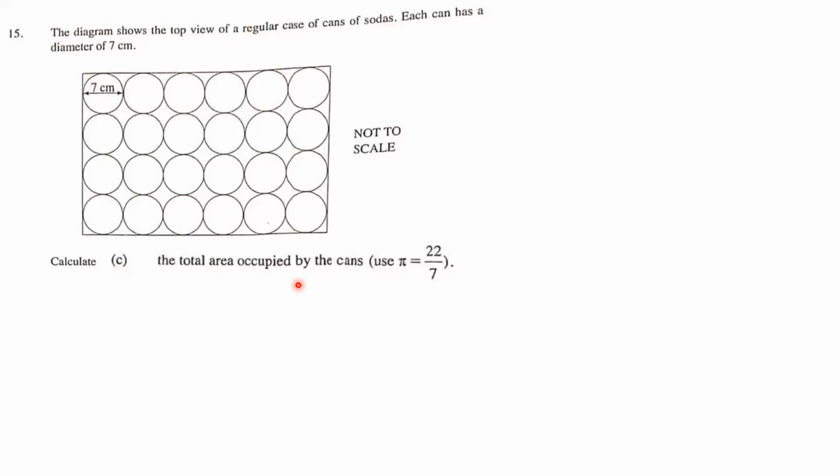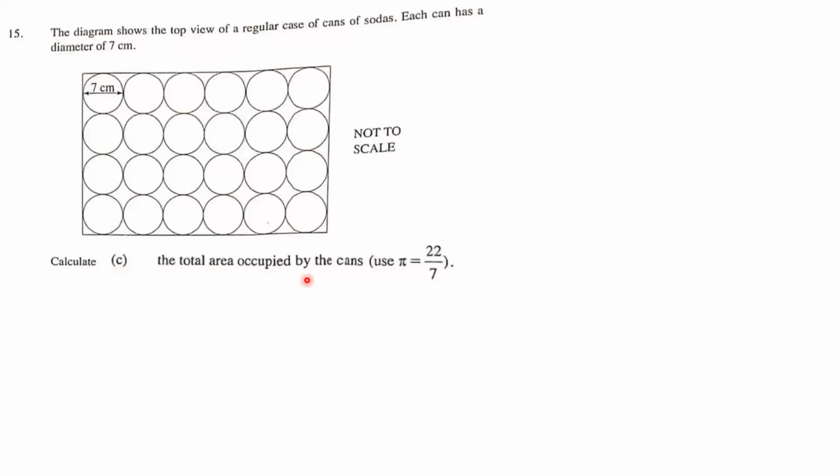We need to figure out the area of one can, then multiply that area by the total number of cans that we have inside the box. That's going to give us the total area occupied by the cans.